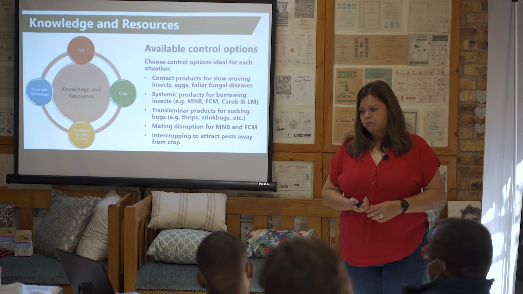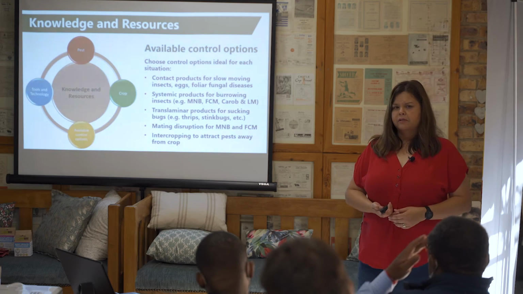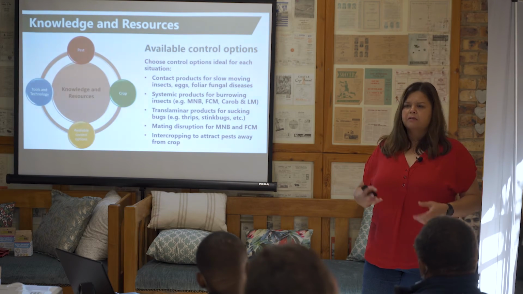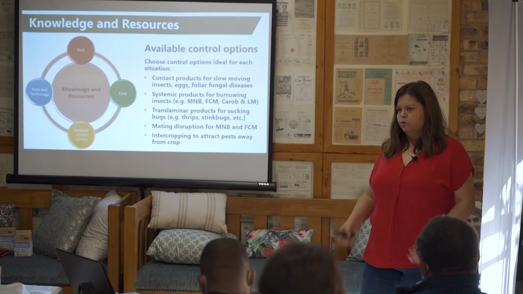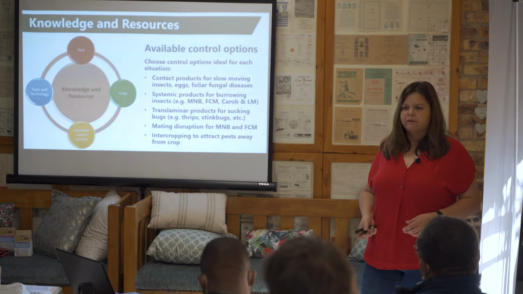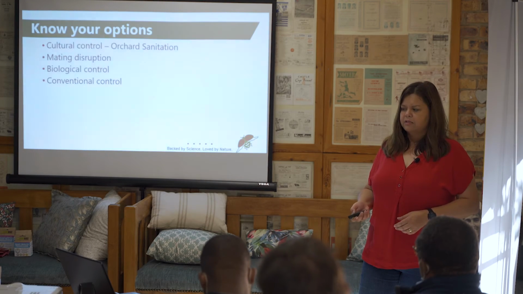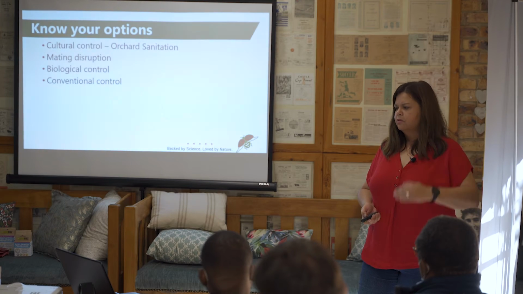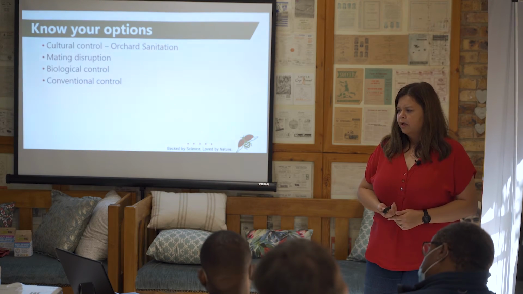And then the last thing for me is intercropping, and that's something that you guys can maybe start looking into a bit more, is to attract the pests away from your crop. So plant a section of something that really is valuable to that pest and it doesn't affect or cause economical harm or levels of harm in your crop.